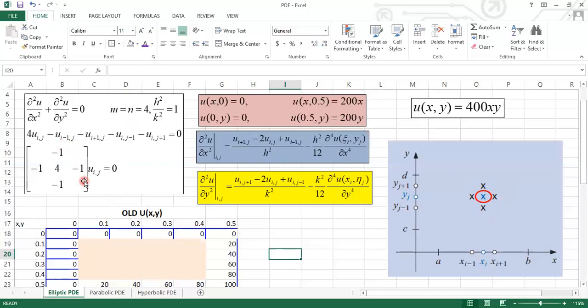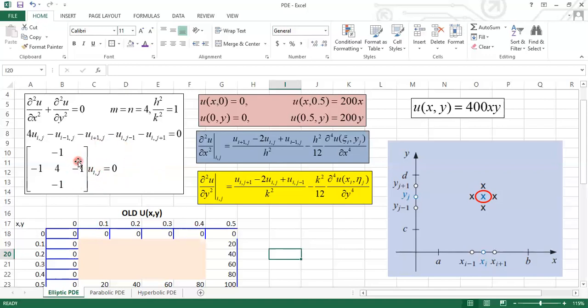We can also write this in mathematical form as for this matrix. We have the coefficient of uij equal to 4, and for all the surrounding points we have the coefficient minus 1, and for this equation we have the right hand side equal to 0. So this is the equation.